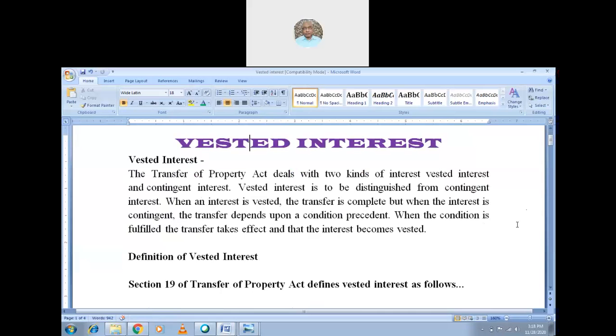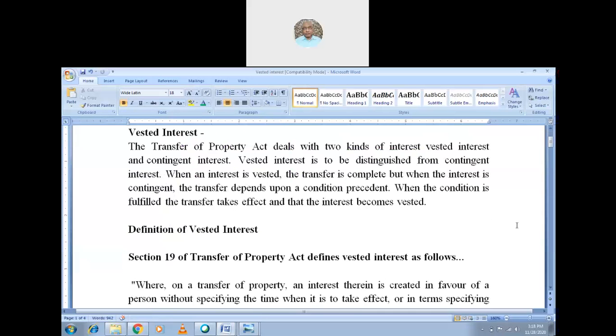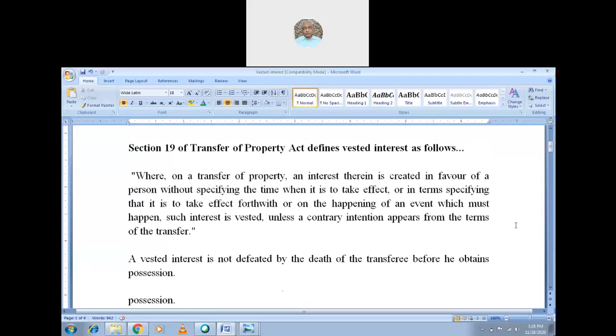That gives the sense. Let us see the definition of the vested interest. Section 19 of the Transfer of Property Act defines vested interest as follows. Can anyone read what is cited under section 19?